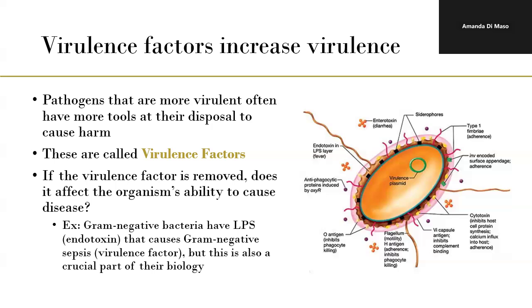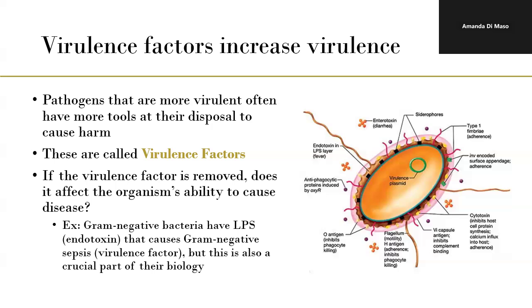Like we talked about yesterday, catalase. Catalase is crucial for bacteria to be able to survive the presence of oxygen. So if you've evolved to live in an oxygen-rich environment, you need catalase to survive. But catalase also helps you survive the phagolysosome.